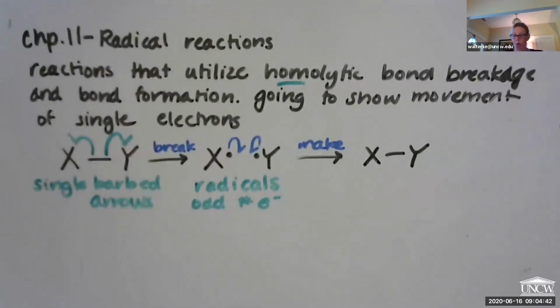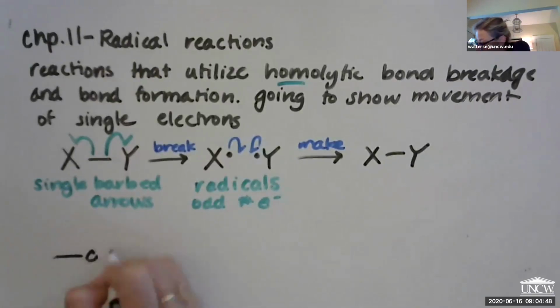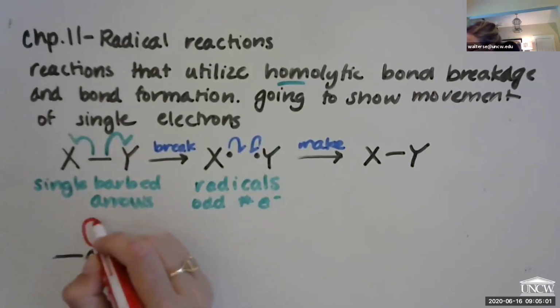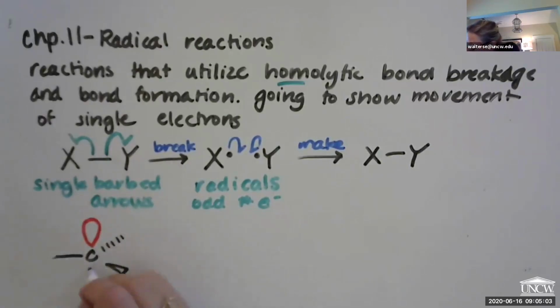Okay, so when we talk about the radical, we're going to have our carbon in a situation like this, where we have a p orbital that is going to hold that electron.